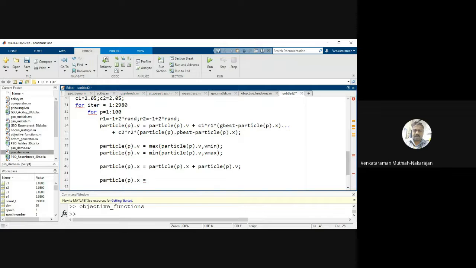So we need to restrict the particle between the bounds. This time I have to apply x min.